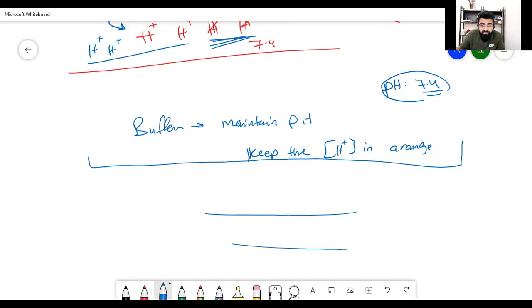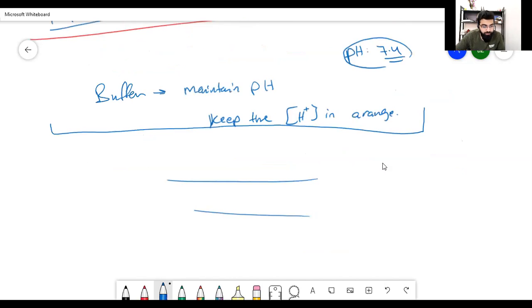Now, for example, in the small intestine, the pH is supposed to be 8. So there's a specific concentration of H plus. Do you remember? 10 to the minus 8. This is the concentration of H plus in the small intestine at pH 8.